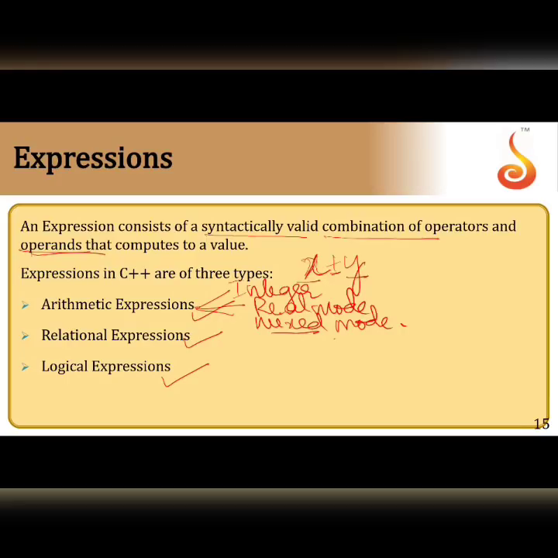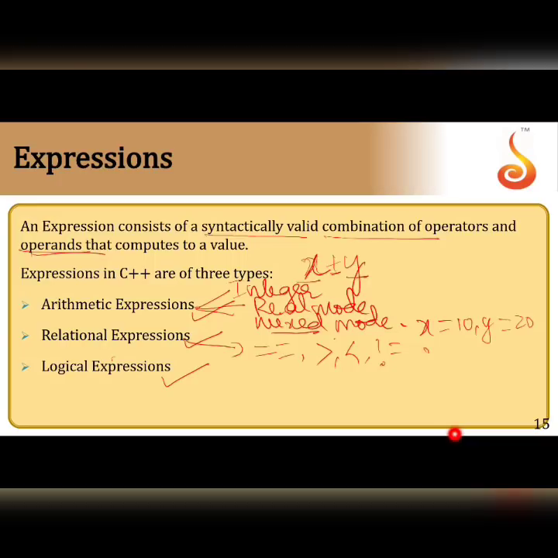Then I have relational expressions. So what are the relational operators? We know that is double equal to, greater than, less than, not equal to, greater than or equal to and less than or equal to. These are all relational operators. I can say x is equal to 10, y is equal to 20.